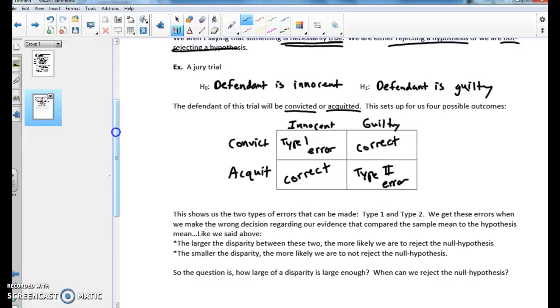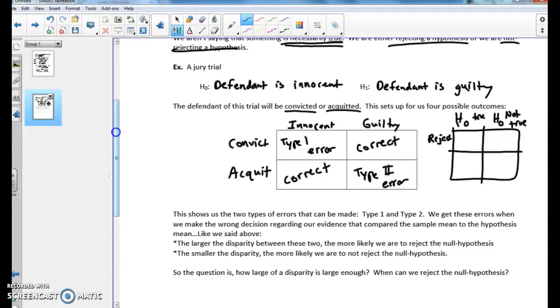Now this was just an example, but this follows the same thing we do with our null hypothesis being true or our null hypothesis being not true. And then it's the same idea. Are we going to reject the null hypothesis or are we going to not reject it?